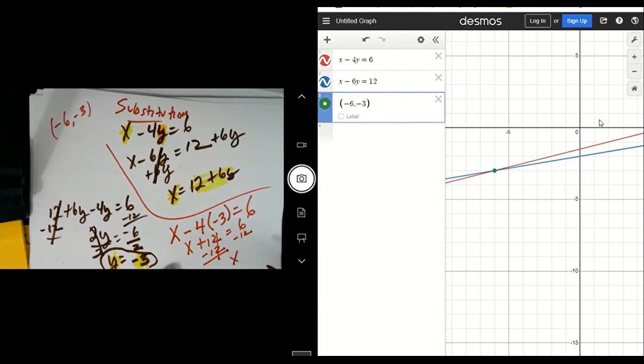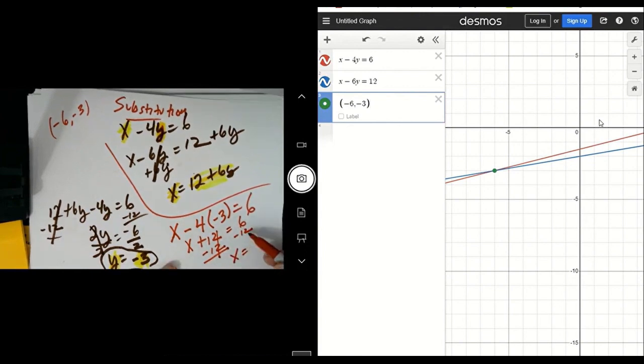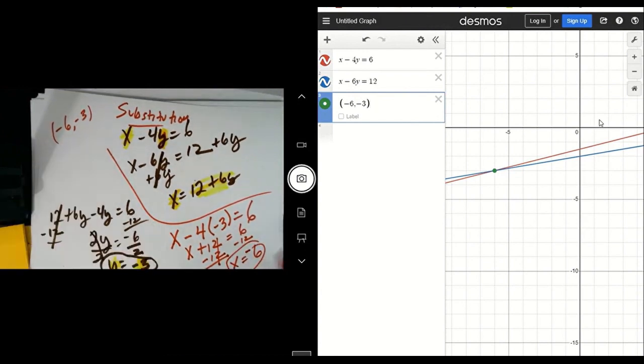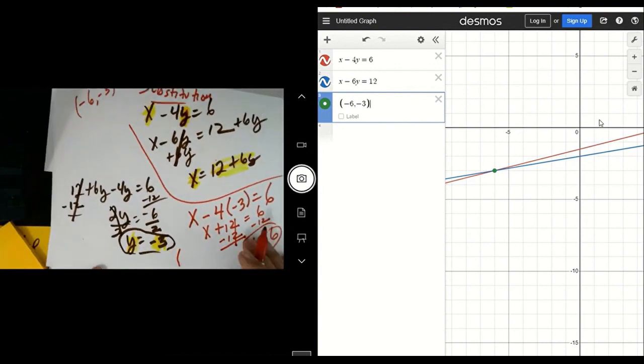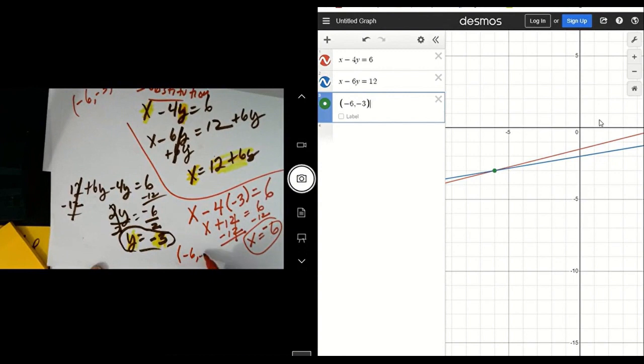So what do we get? x. 12 minus 6 is 6, and the sign that is bigger is negative. The signs are different. Here we go. Negative 6. So our point is, what's our point? We had it up top. Negative 6, negative 3. So that's 3 different ways now that we have identified how to find the solution of 2 lines, right?